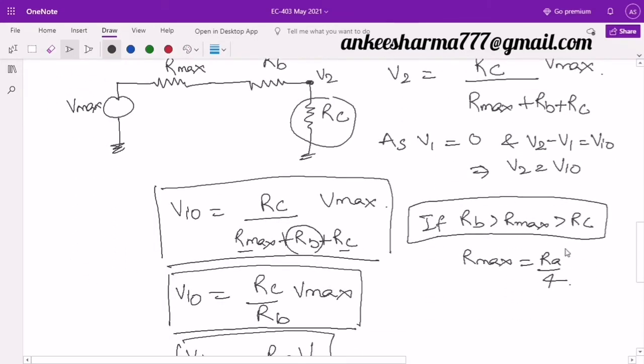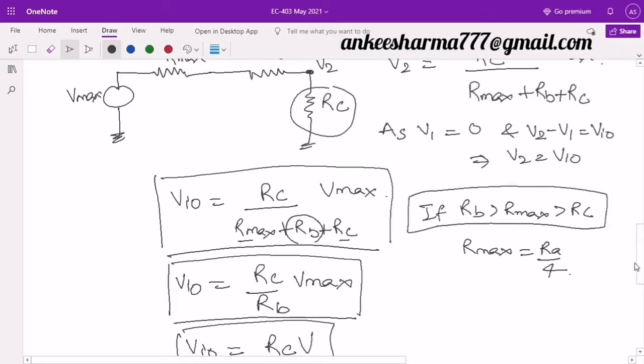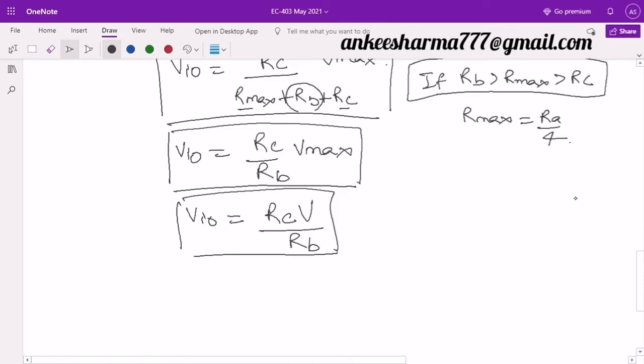By making the assumption that RB is greater than Rmax is greater than RC, you can see here that this VIO will come out equal to RC divided by RB into Vmax, where Vmax is nothing but plus VCC or minus VEE. So we always take it in the mod form, right? This is the first part, that is the input offset voltage.